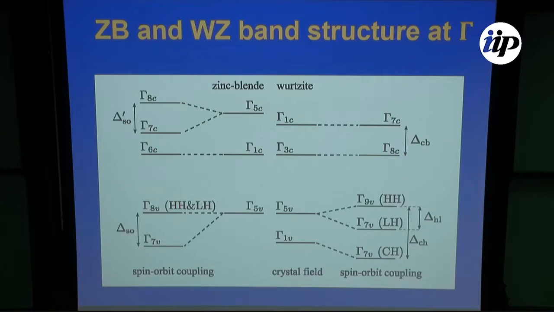And then there are also heavy and light hole bands, gamma 8V and gamma 7V for the valence band, and they are split by spin orbit coupling. If you go to the wurtzite structure, then you also have heavy and light holes, but then there is a crystal splitting between heavy holes and something which is called crystal holes, CH. So it's a little bit more structure in this wurtzite.